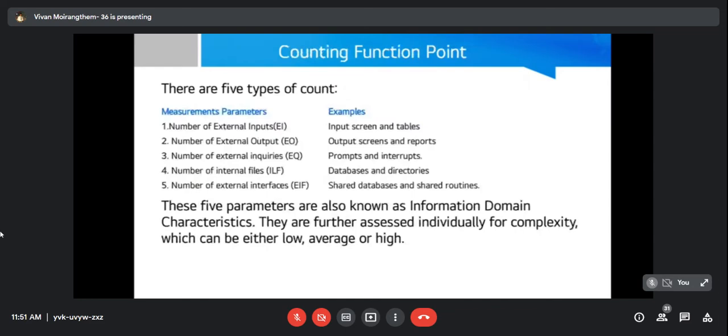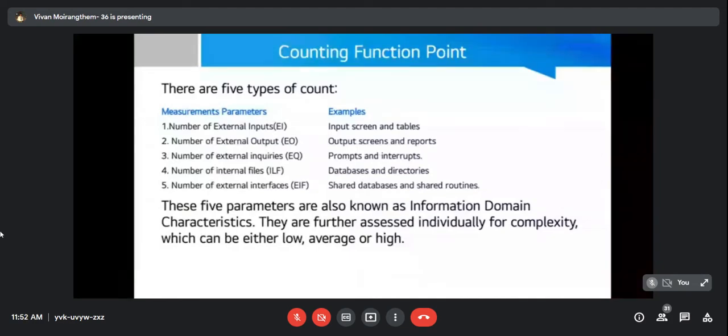Now for counting our function point, this is the first step, calculating the unadjusted function point. First of all, we have 5 parameters or information domain characteristics that we will be looking into for determining our unadjusted function point. These 5 parameters are, first, the number of external inputs.